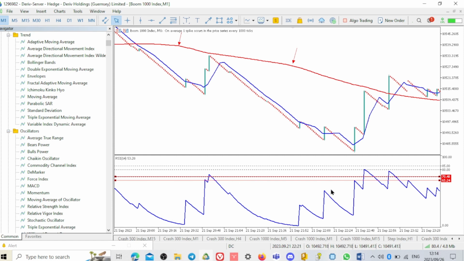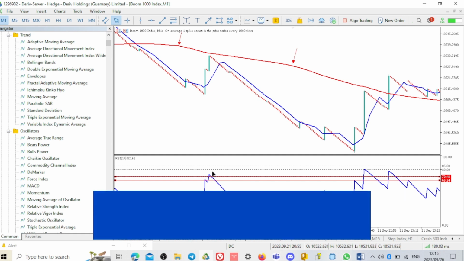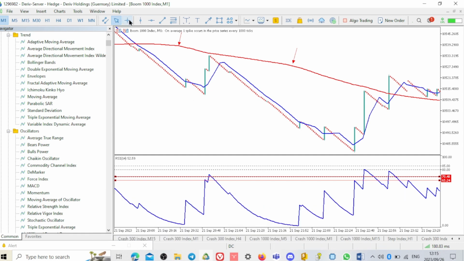65. But it doesn't mean that if price reaches level 85 and 80, we don't take the trades when price is below this one. We'll take the trades, and we can even add as price comes to level 70 and 65. Here we have to wait for price to reach these levels, and we wait for price to cross below, like what took place at this particular position.